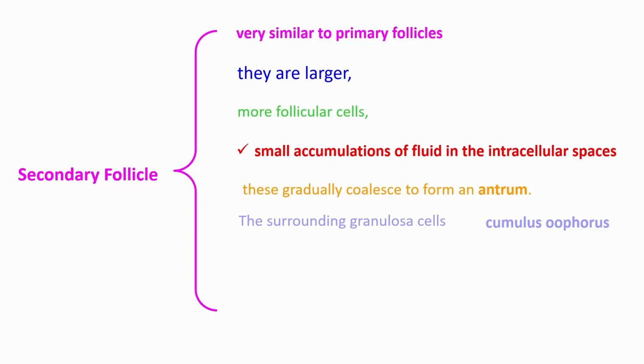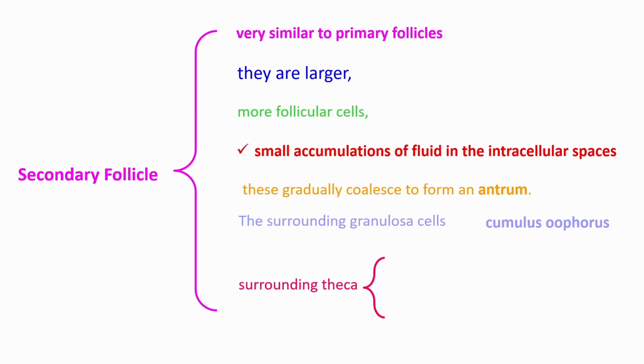And this connection between the oocyte and the granulosa cells is called cumulus oophorus. Then things will develop. Now, the surrounding granulosa cells are to be called theca.